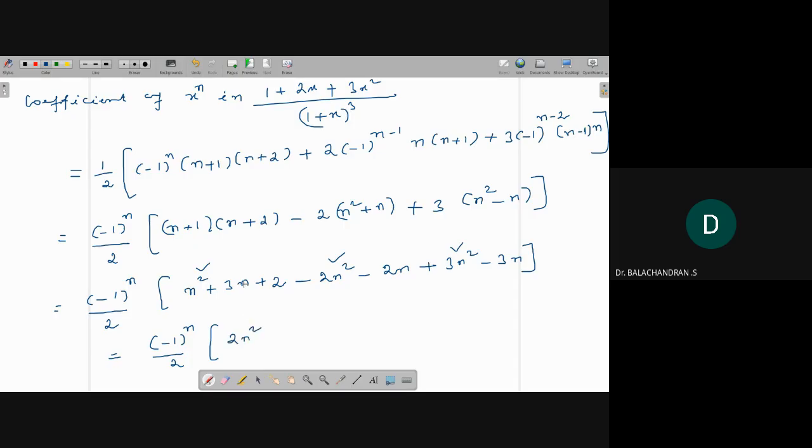How many n? Plus 3n minus n, 3n gets cancelled, minus 2n. Constant term is plus 2. So take 2 commonly and cancel out. The final answer is minus 1 whole power n, n square minus n plus 1.